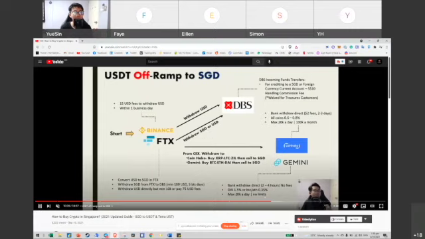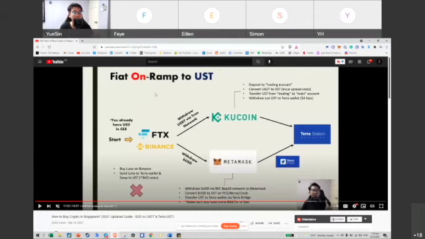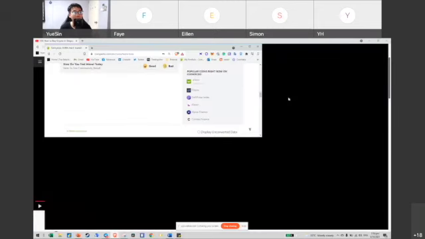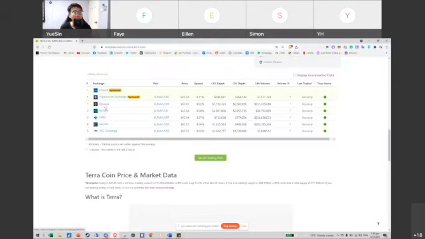So for UST, let me see if I can find this chart over here. This is how you buy UST, either KuCoin or MetaMask. Then for Luna, you just go for KuCoin or crypto.com, either of these exchanges is fine.